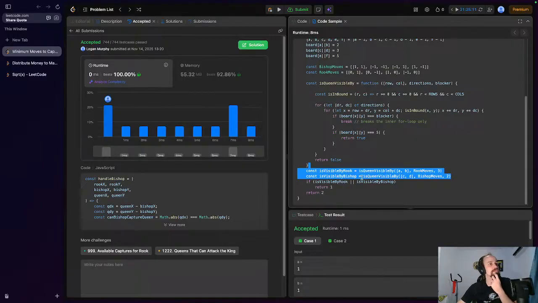If it is visible or is visible. Wow. Yeah. Interesting. They even have an in bounds. Wow.